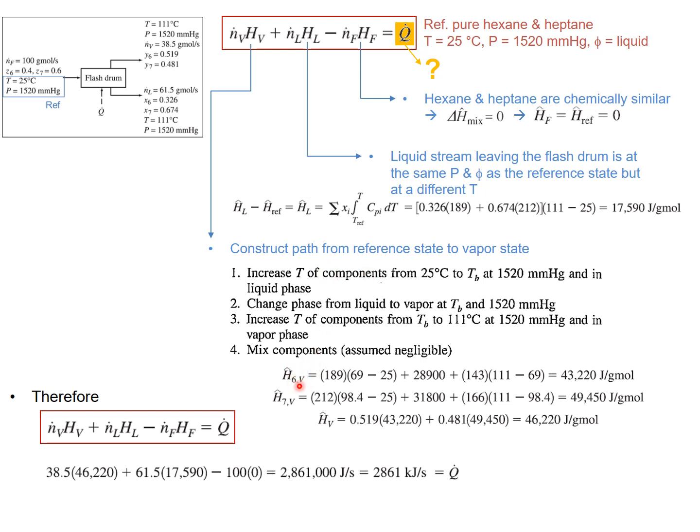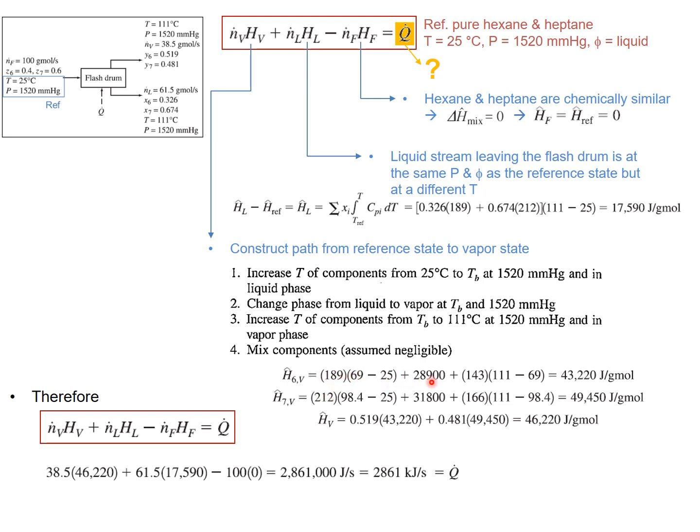Enthalpy of hexane in vapor: for this one, the first step is the temperature increase from 25 Celsius degree, the reference temperature, to 69 Celsius degree, which is the boiling temperature of hexane, with the heat capacity.